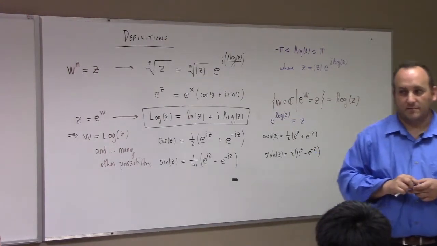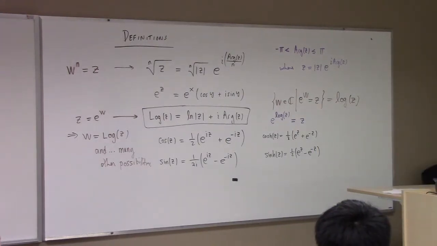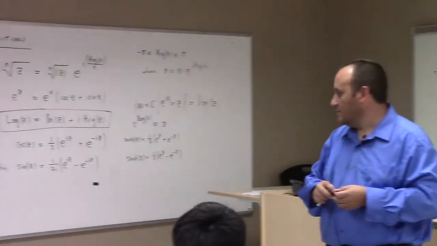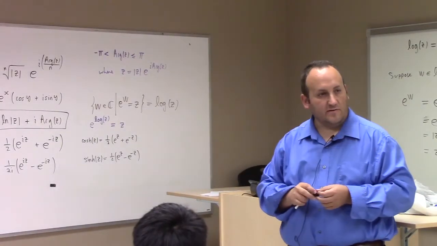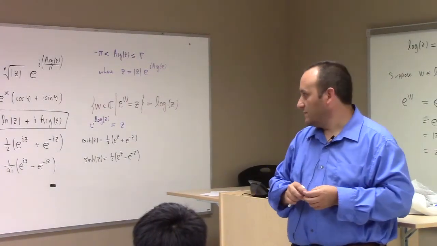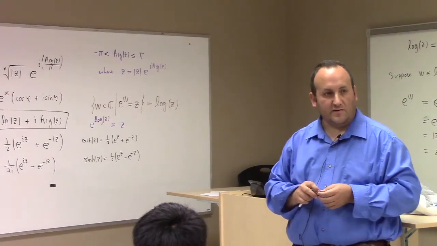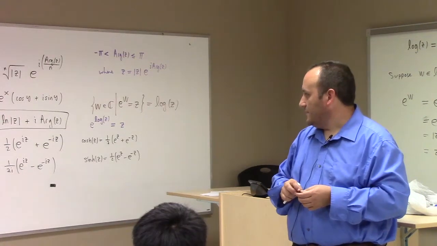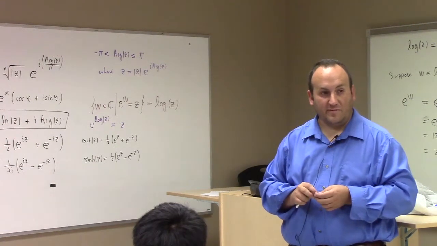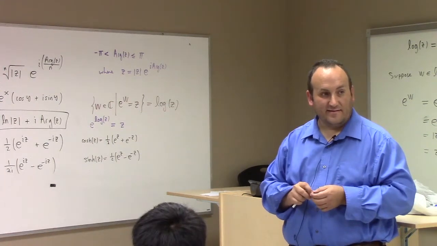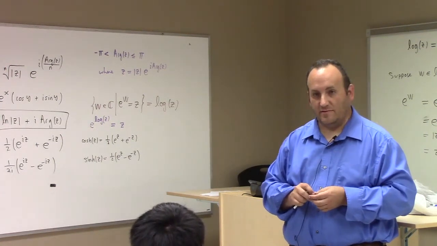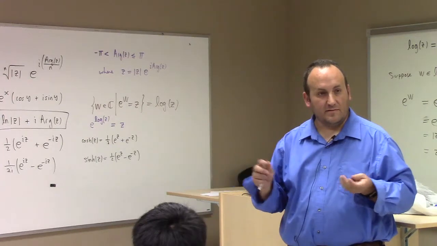I'd encourage you to read what I've written about that. I told you a bunch of properties of them. They're a lot like ordinary sine and cosine, but they do have some surprising new features, like cosine of an imaginary number can be arbitrarily big. Sine of an imaginary number can be unbounded in magnitude.